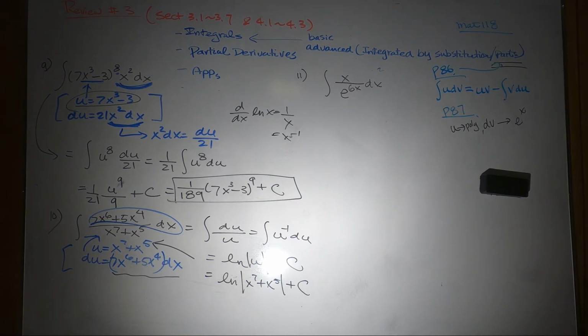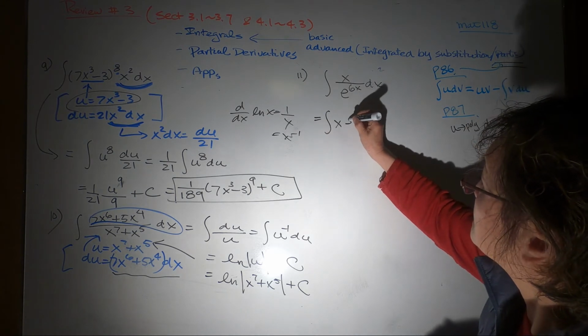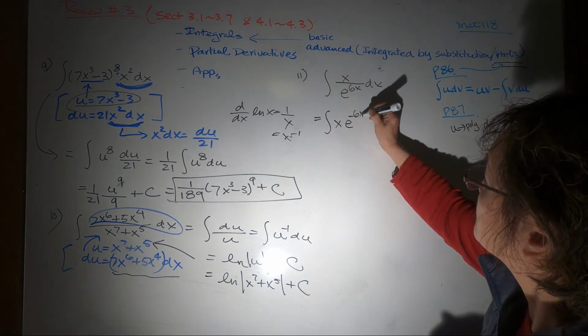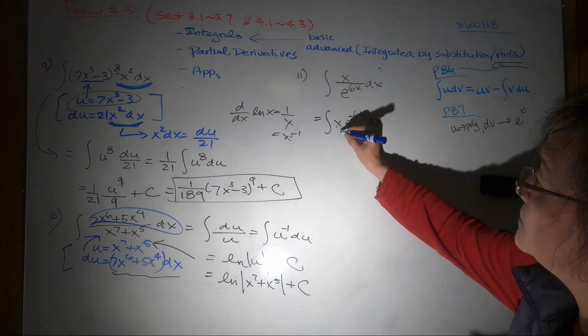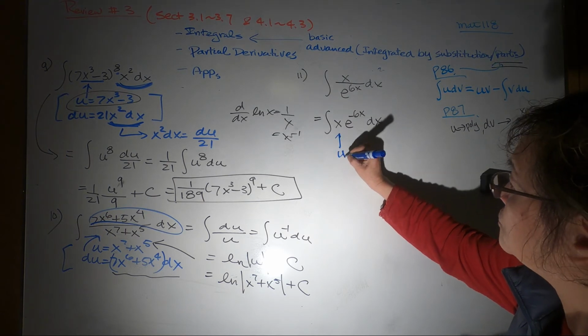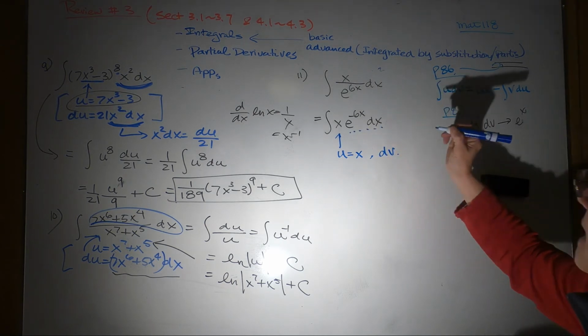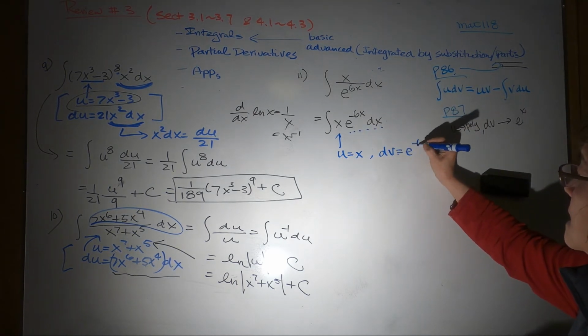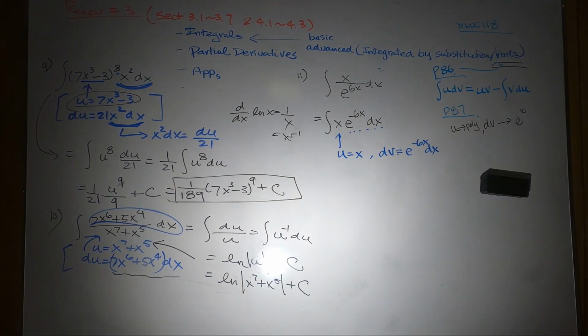Okay, so first we will write it in product style: x e to the negative 6x, right? Then according to the guideline, we set u equals x. Then we set dv as the remaining, dv is e to the negative 6x dx, because individually you can integrate them, right?